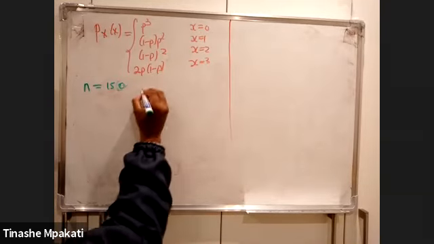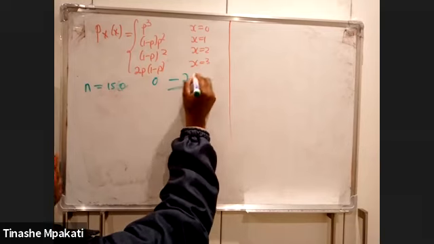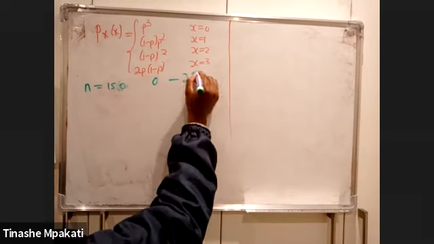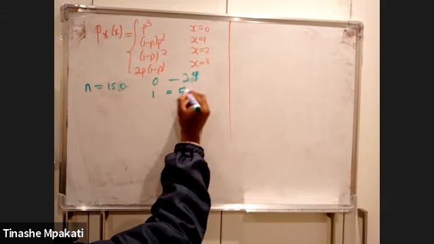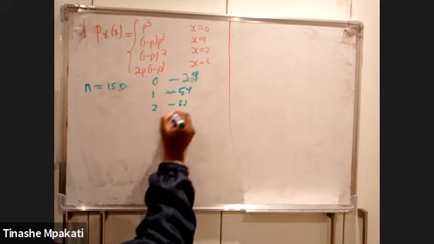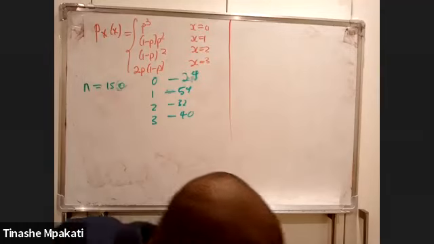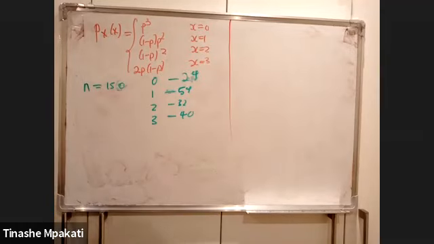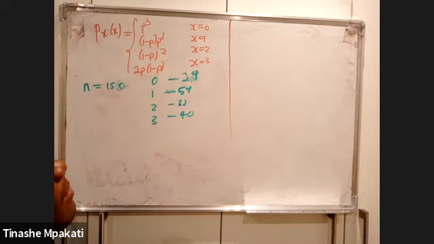For example, x equal to 0 occurs 24 times, x equal to 1 occurs 54 times, 2 occurs 32 times, and 3 occurs 40 times, like that. Then the question asks you to find the maximum likelihood estimate of P.